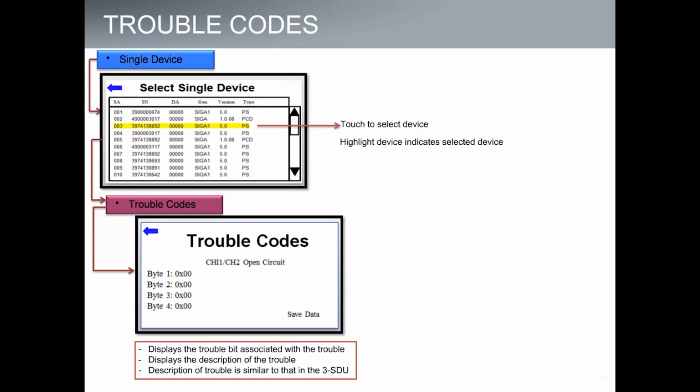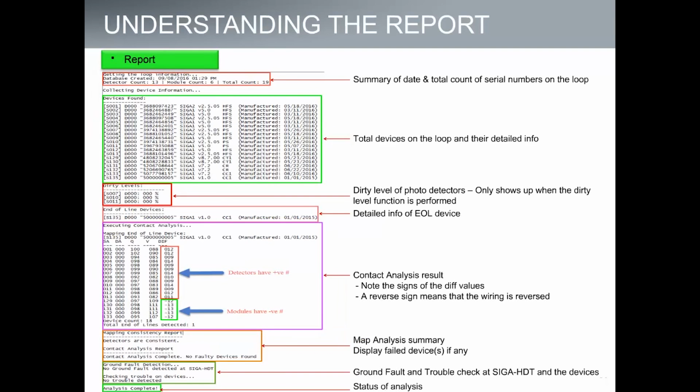Read trouble code description and refer to the trouble code section of the SIGA-HDT manual for a possible solution. Pressing the back arrow will allow you to return to the single device menu screen. We have a list of trouble codes associated with detectors and modules listed in Appendix A of the SIGA-HDT manual.